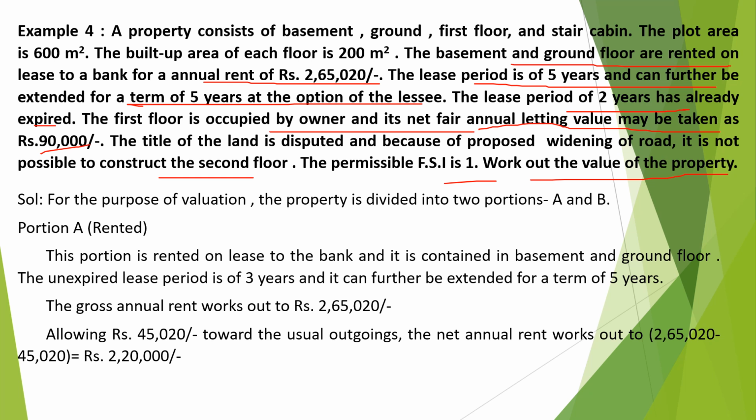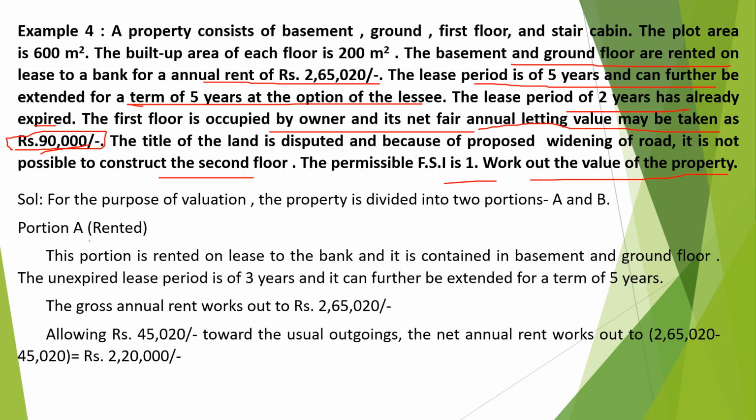But here another thing is given to you: the net fair annual letting value is given as 90,000. So for the owner occupied portion, you can use this value and capitalize it to find the value of the owner occupied portion. So for the purpose of valuation, we divide the property into two portions.